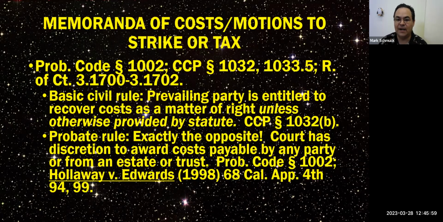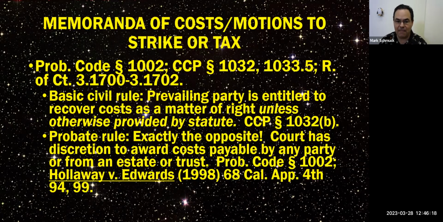So therefore, if the judgment or statement of decision is silent, there is no entitlement to costs. So what do you do? You get towards the end of trial, you've submitted your case. Either you've made your closing argument or you've submitted your closing briefs.